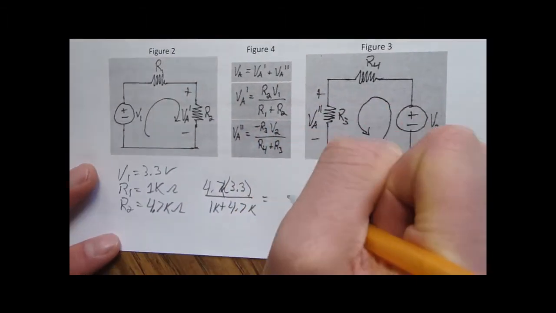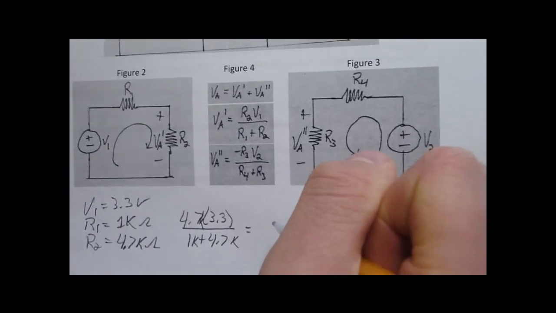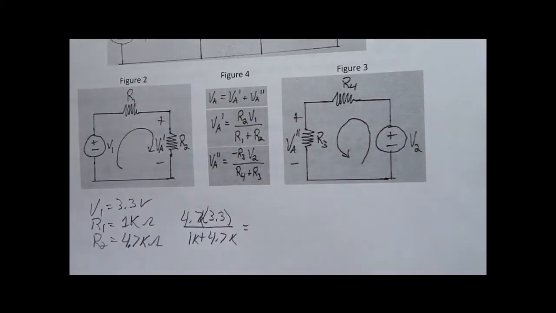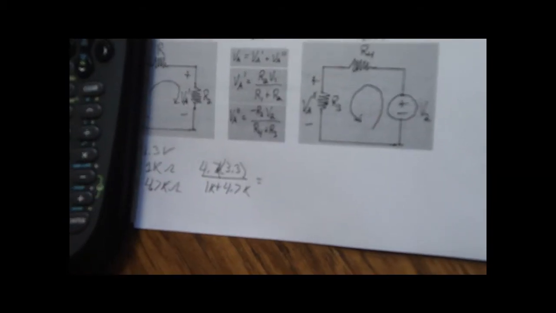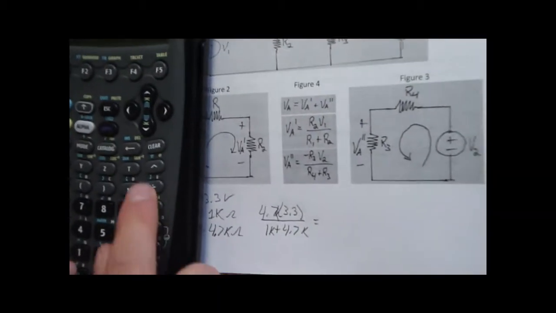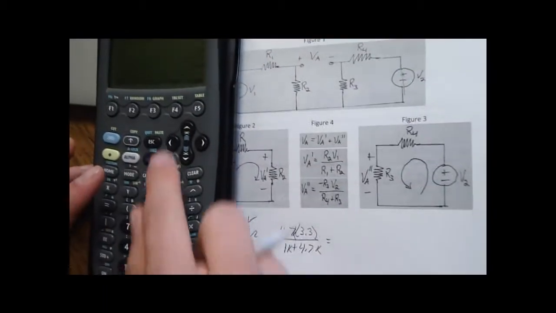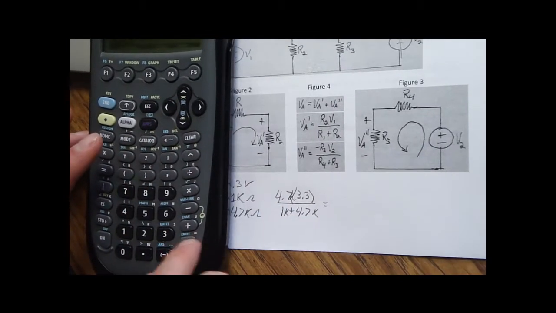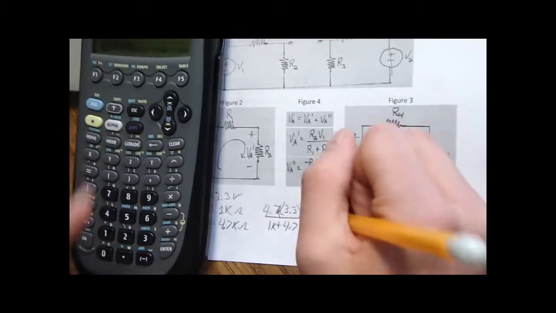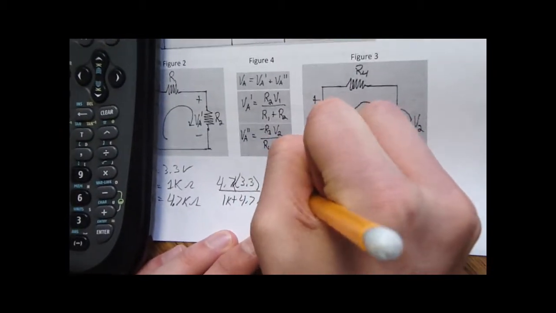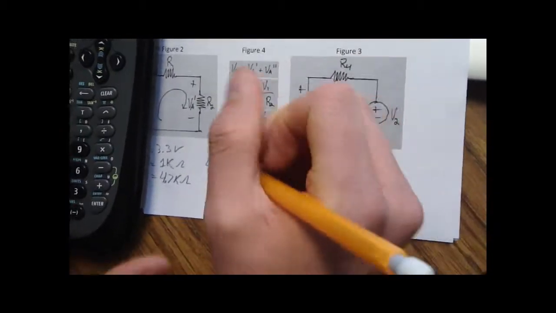The result of this gives you 2.72 volts in the positive direction.